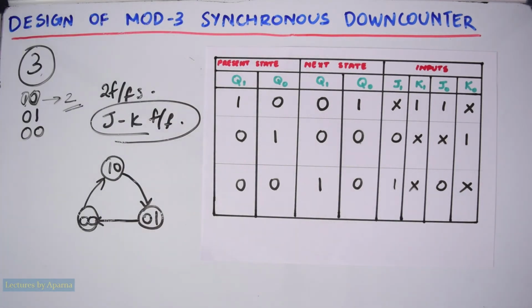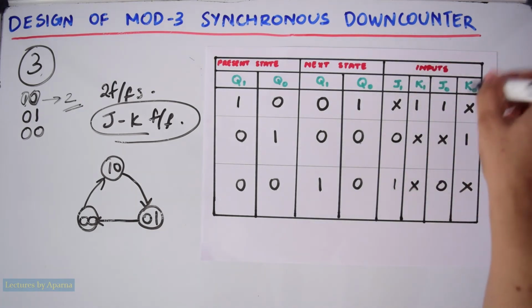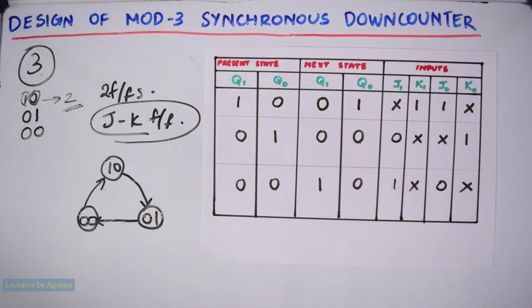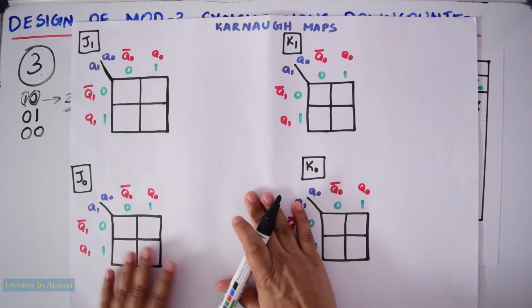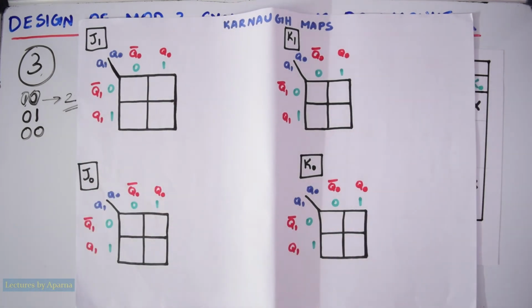Now we have to write the Karnaugh map so that we will get the expressions for each of these inputs, J1, K1, J0, K0, etc. So let us see the Karnaugh map. This is a Karnaugh map and we have to find expressions for J1, K1, J0, K0.